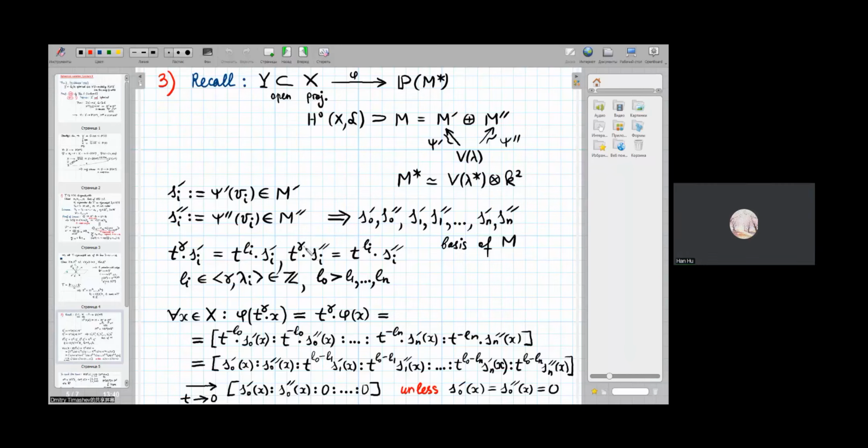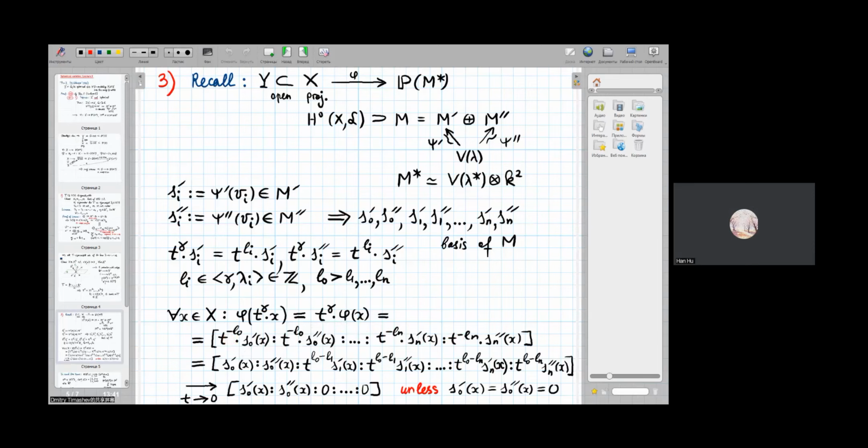So let me do the first thing. This is to correct a typo in a formula of the last lecture when we computed the limit of a point in our projective embedding x under the action of a multiplicative one-parameter subgroup. I mean this formula. So we computed this action in coordinates, and we got this line.